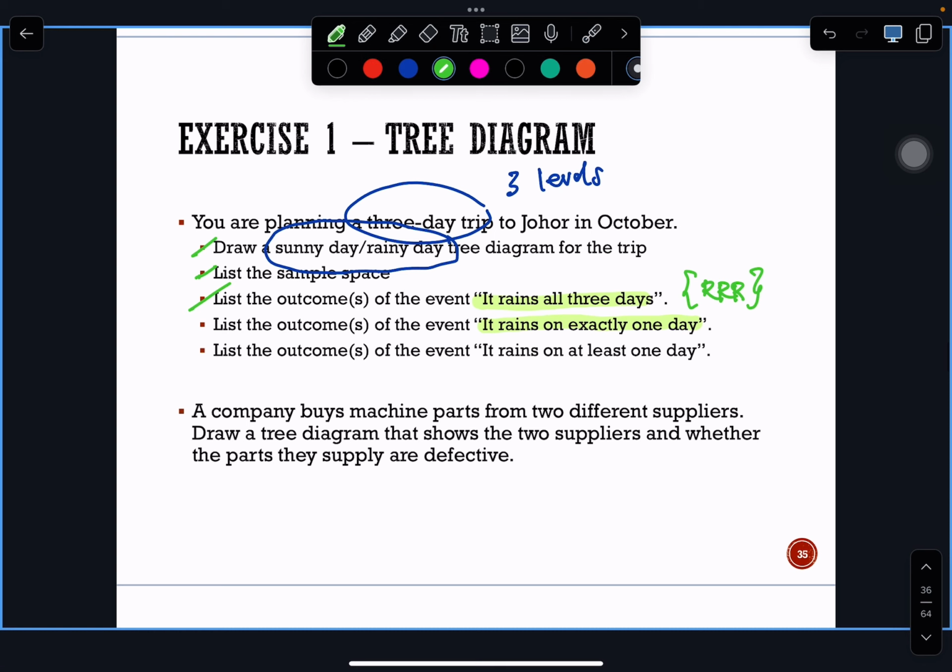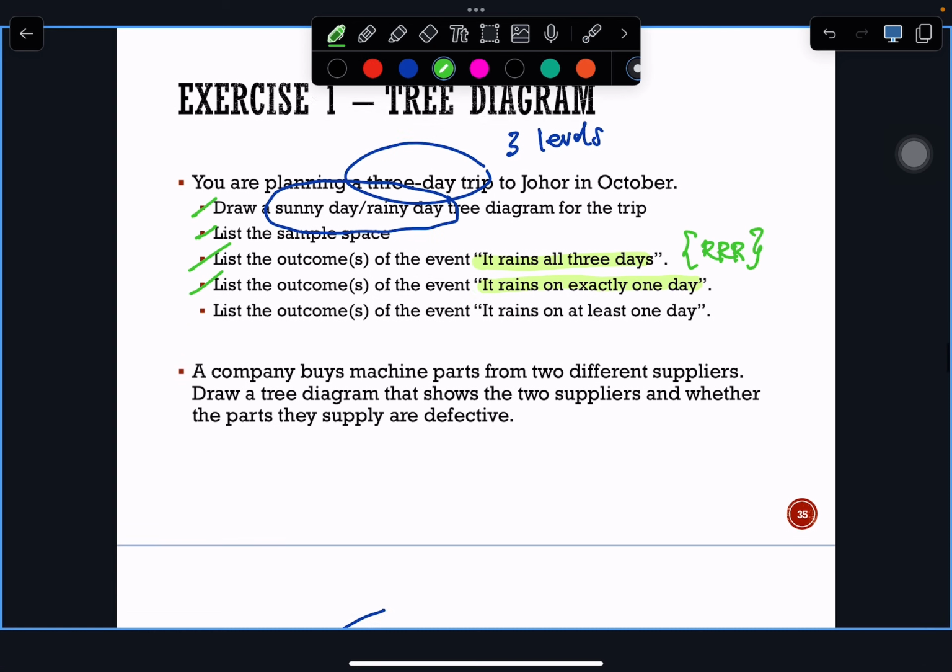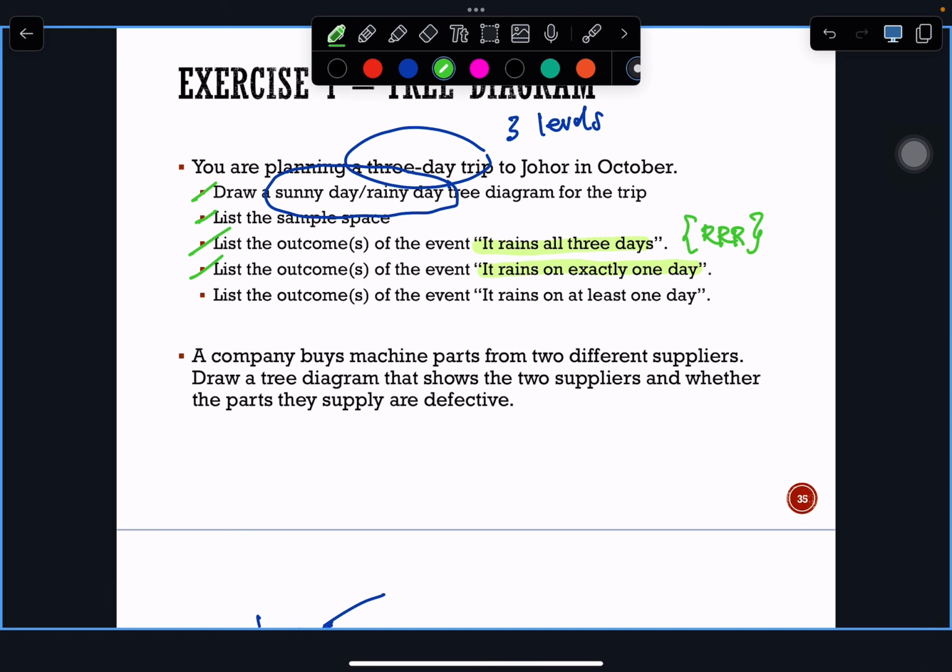Then the last question is, list the outcomes of the event it rained on at least one day. The keyword here is at least one day. What does it mean?